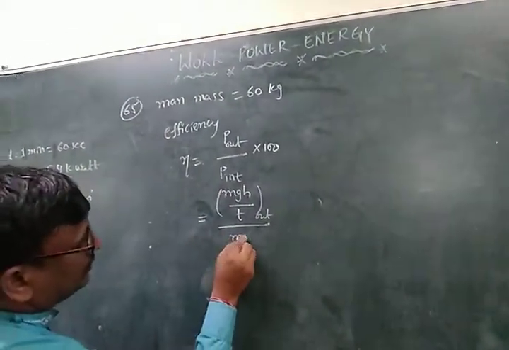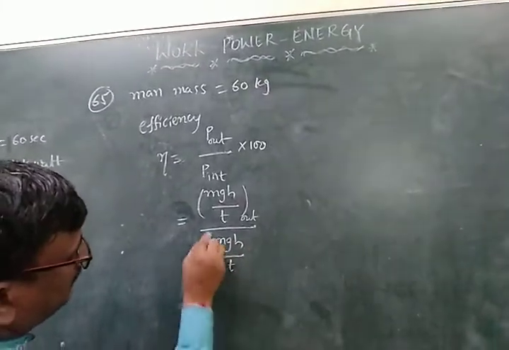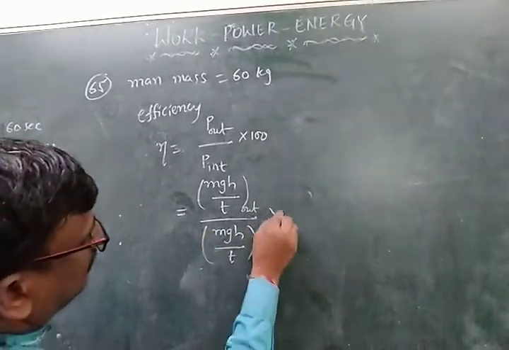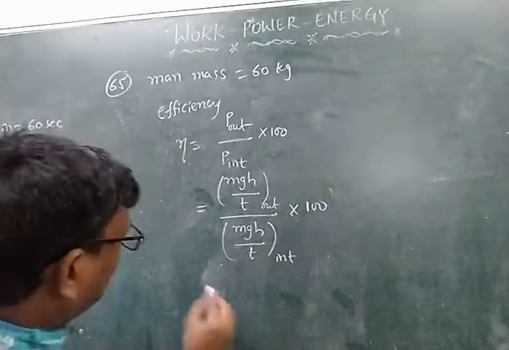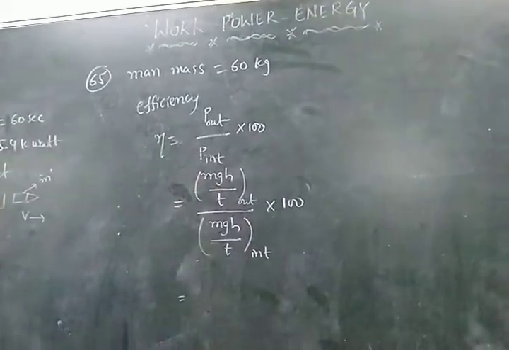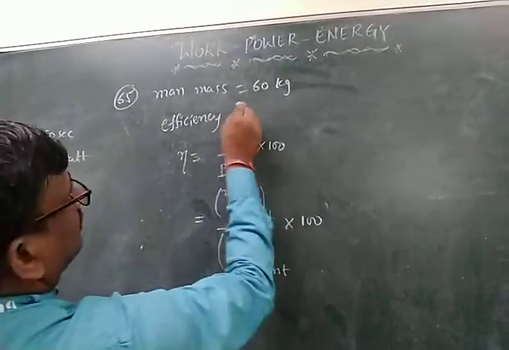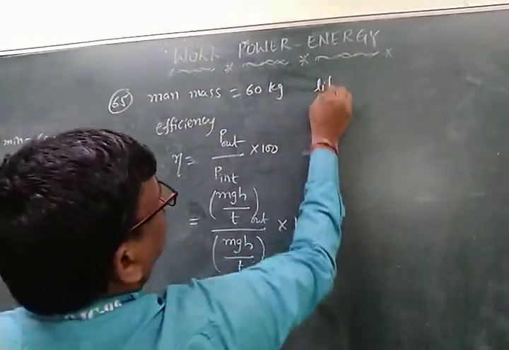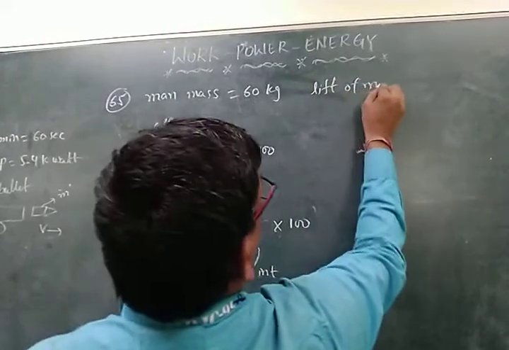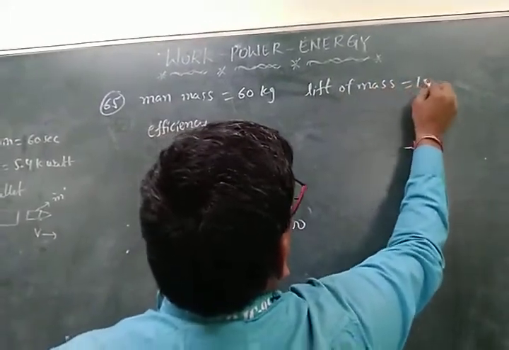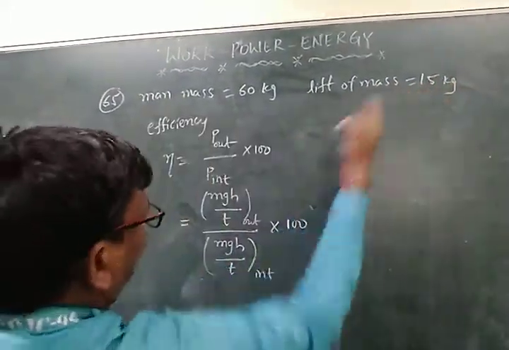Power of input is equal to mgh by time, into 100%. Here in the output, how much of the mass is there? The man lifts the mass of 15 kgs.